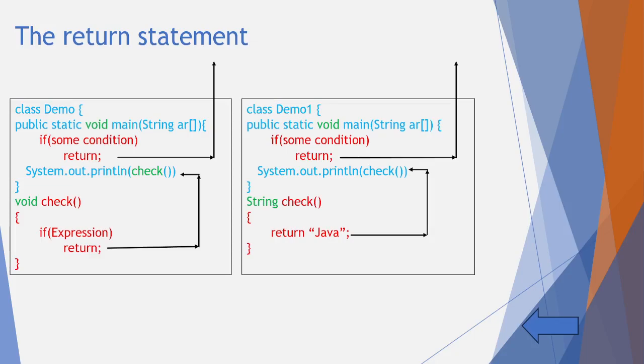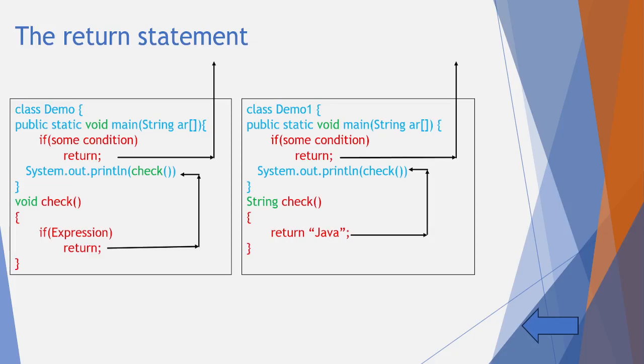So control goes to the check method. If some expression is true, return goes back to the calling program. In the main method, return means stop the program. In the check method, return means go back to the calling place.